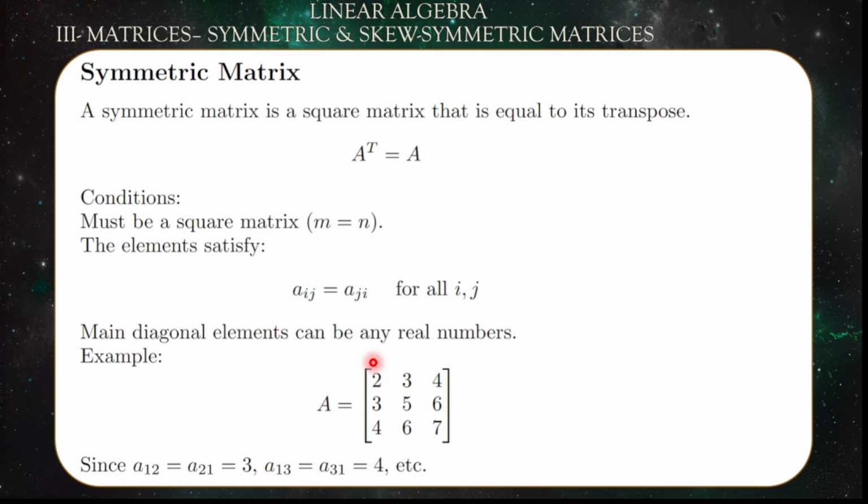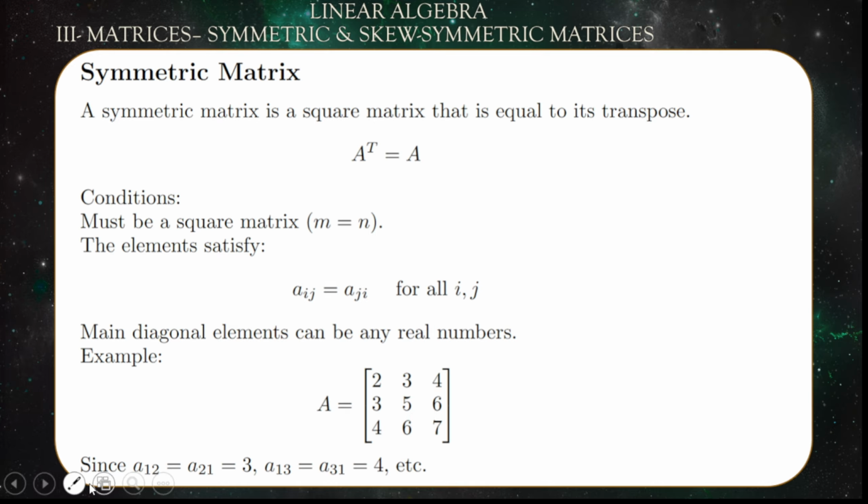Let's see it more clearly. Here you have 2, 3, 4, 3, 5, 6, 4, 6, and so on. This is the element at the second row, first column. Is it equal to the element at the first row, second column? Yes, 3 equals 3. The 6 here is at the third row, second column, correct? It is equal to the number at the second row, third column. You see what we're doing here?